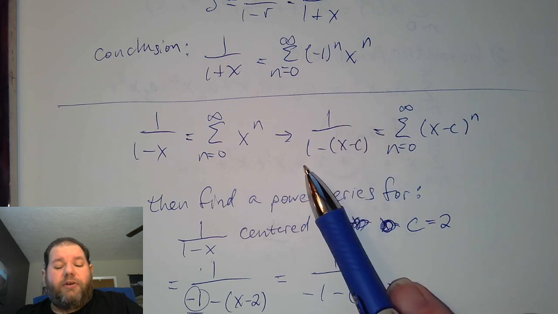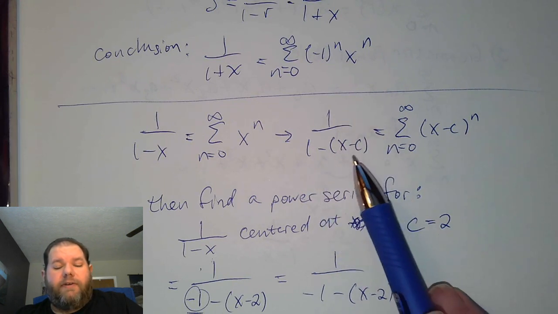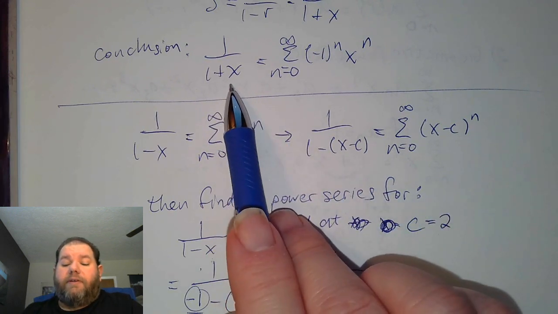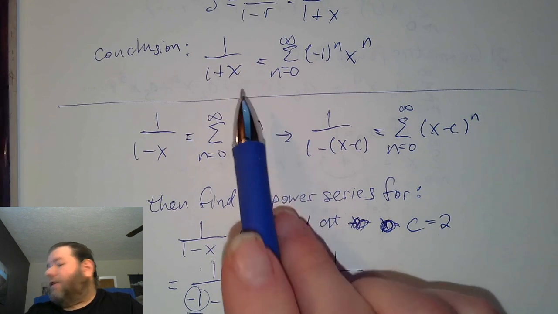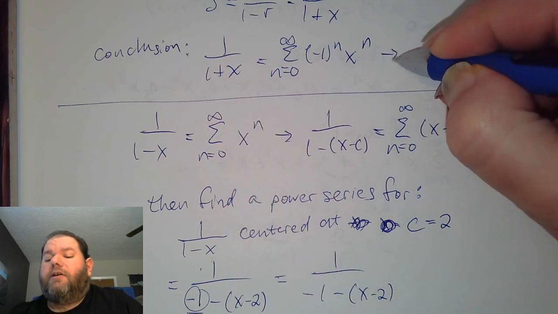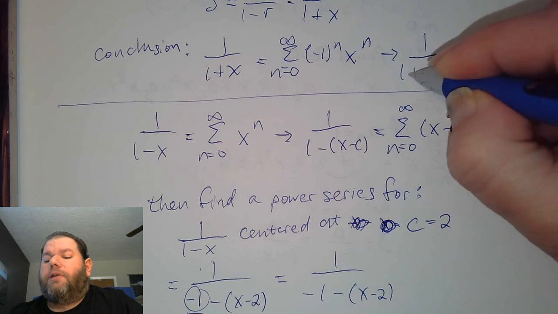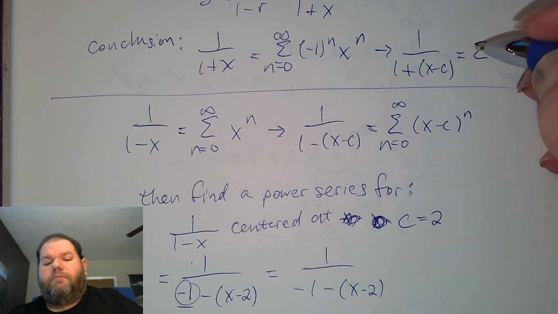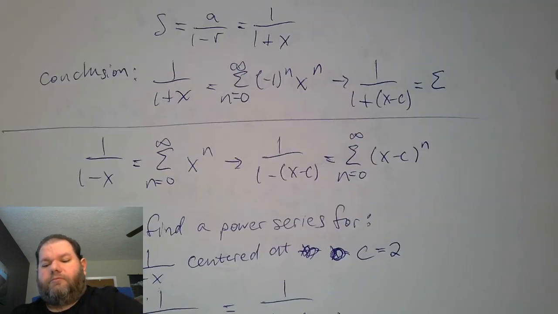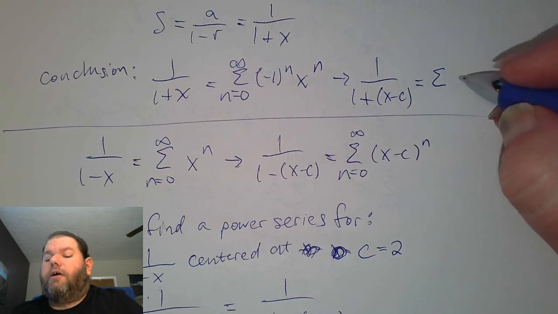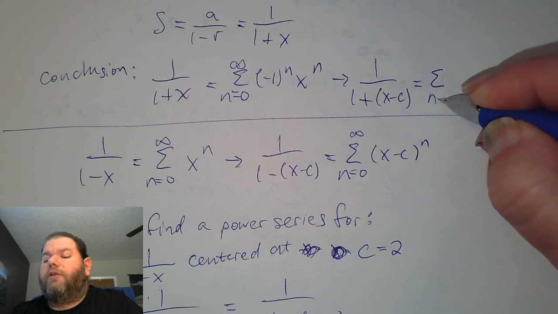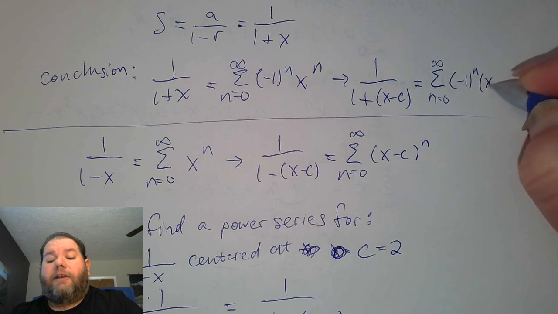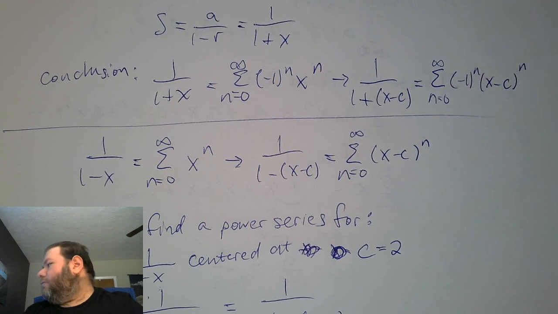It's the denominator we need to get to a certain form, 1 minus x minus c, or 1 plus x minus c in this case, because we can also say 1 over 1 plus x minus c is the sum from n equals 0 to infinity of negative 1 to the n times x minus c to the n.